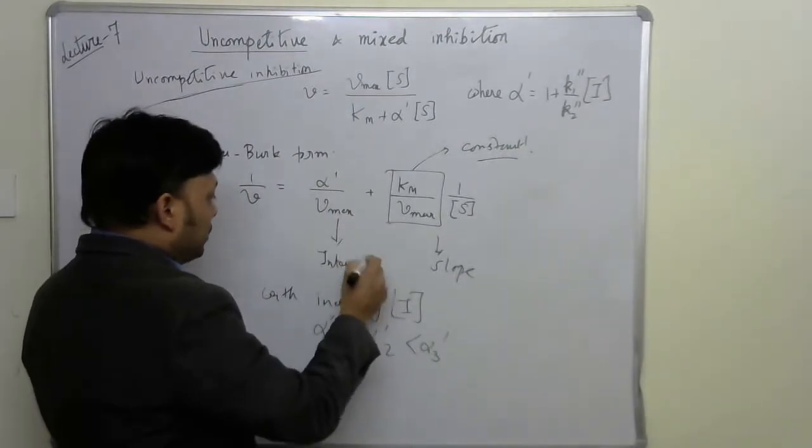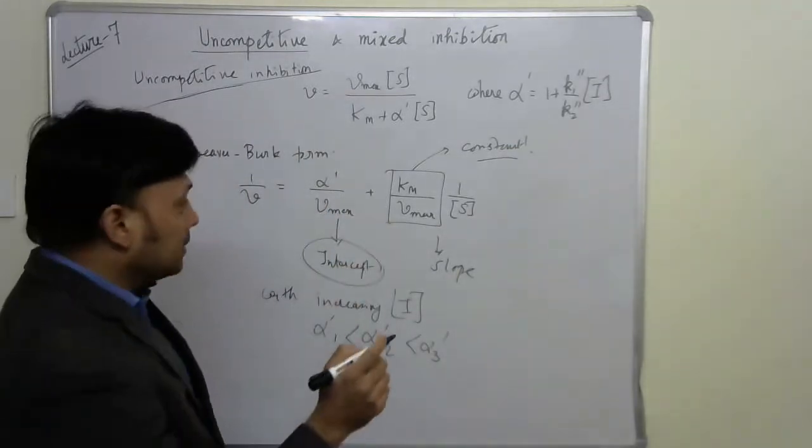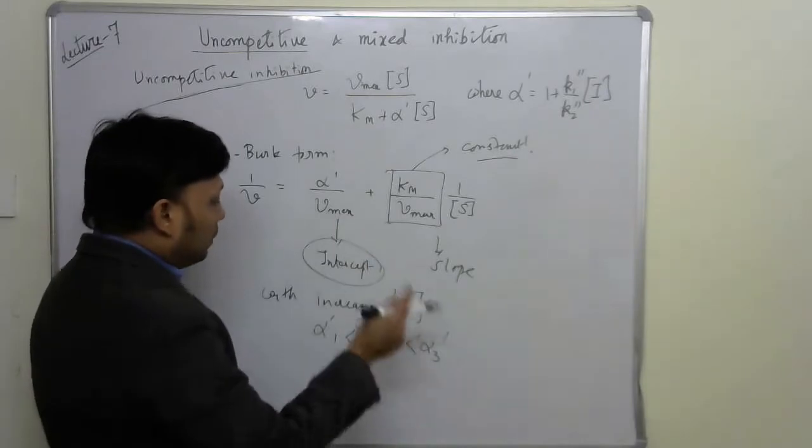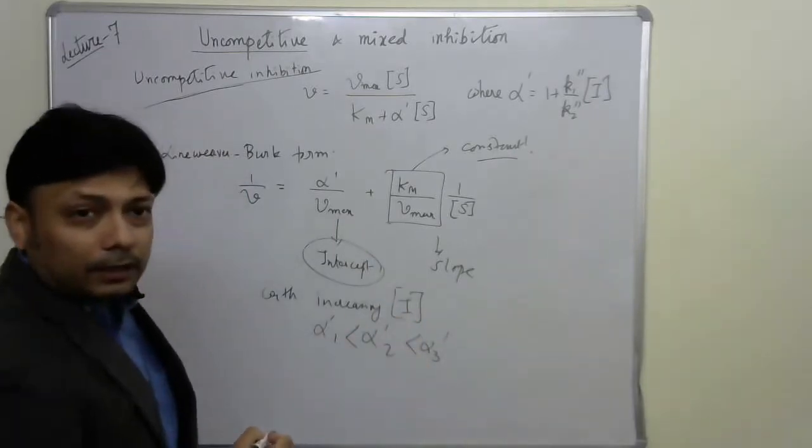But the intercept on the vertical axis increases with increasing concentration of I.